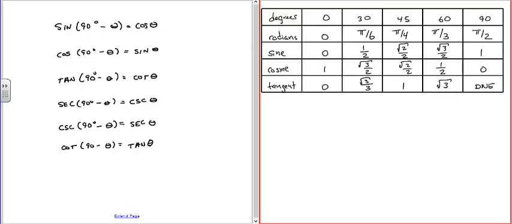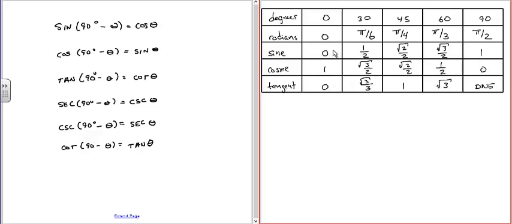And so we have this table which we looked at in the previous section. We've got degrees from 0 to 90, radians from 0 to pi over 2, and the sine, which goes from 0, a half, square root of 2 over 2, square root of 3 over 2, 1. Cosine goes the opposite way. So you start at 90 as 0 and then go the same sequence.